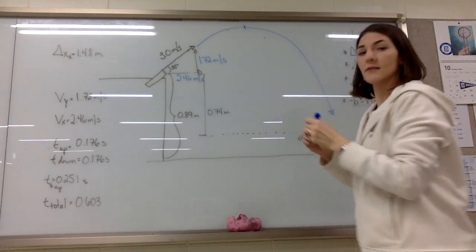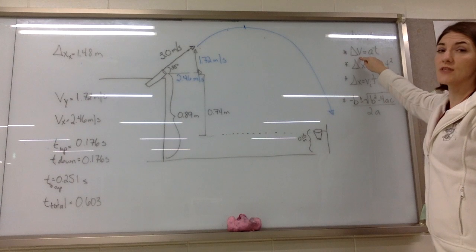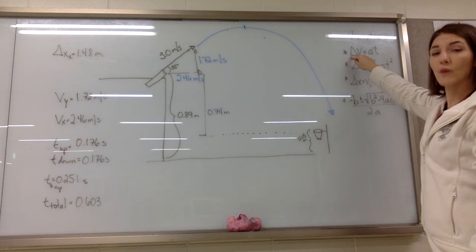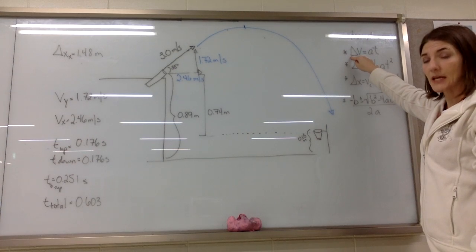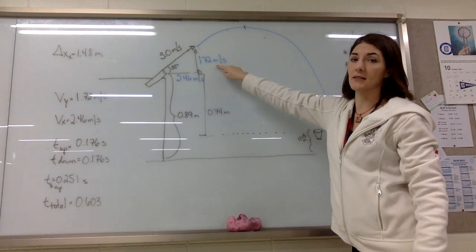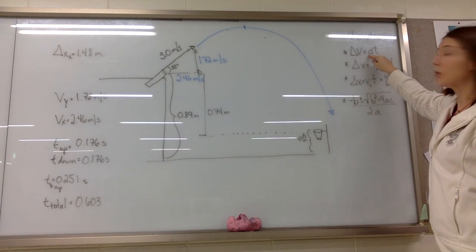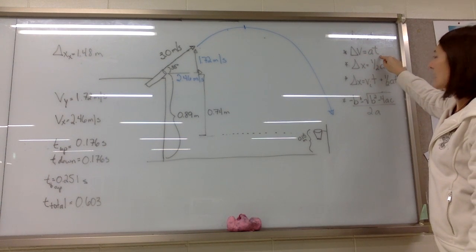So if we do that, we use the equation change in v equals a times t. So negative 1.72 meters per second, which is my velocity, equals negative 9.8 times t.